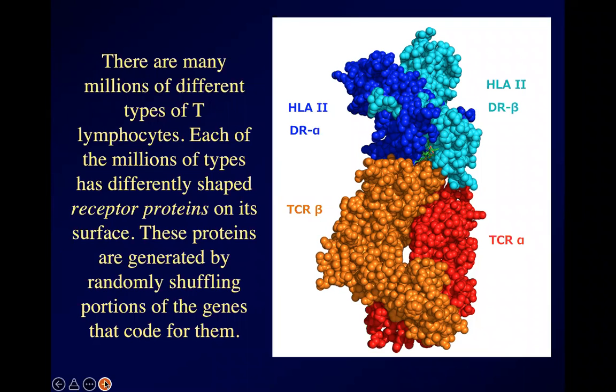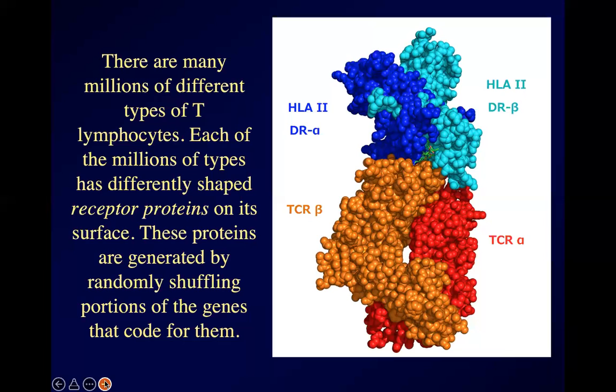The difference is in your T lymphocyte, because as your T lymphocytes are made, the genes that code for receptor proteins are spliced and randomly shuffled. And so you end up with millions of different types of T lymphocytes, each one of which has differently shaped receptor proteins on its surface, because each of those types has different genes, because those different genes have undergone this process of splicing and shuffling.